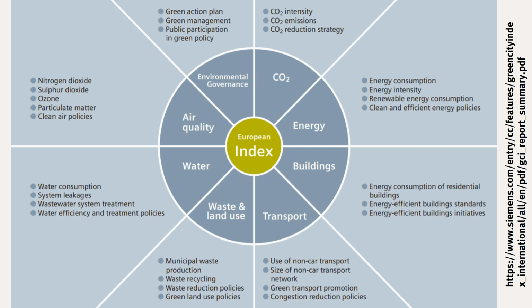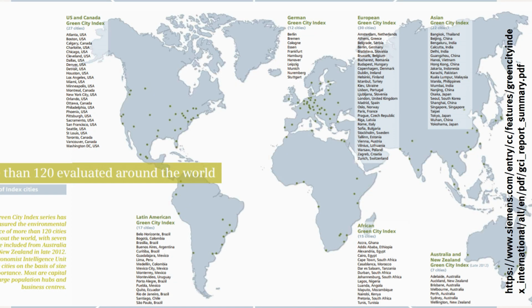It covers a number of flows and different types of infrastructures ranging from water, CO2, energy and waste to buildings and transport. This index, however, is not done by the cities themselves, but by the Economist Intelligence Unit for Siemens. This index was used on more than 120 cities, but there is no recent update of this index.